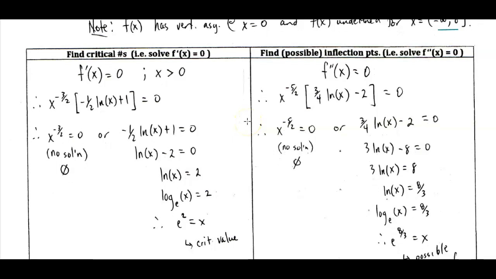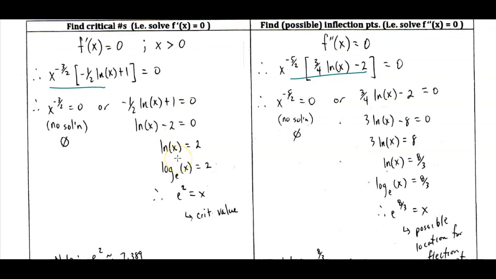We take what our first derivative and second derivative are, set it equal to 0. And of course, we go through the whole thing of trying to figure out what values of x satisfy these equations here. And so you have to remember how to be able to solve fractional exponent equations, or what they call nth root or radical equations, as well as your logarithmic and exponential equations here.